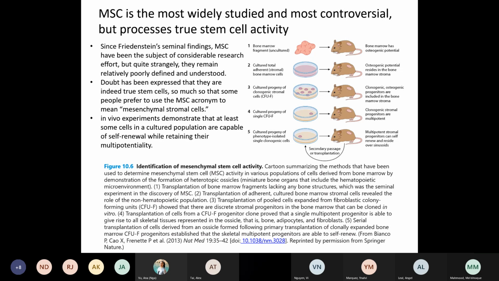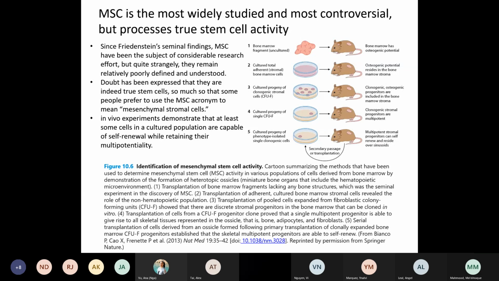But here, it is very easy. You can do a liposuction, rinse them off, and probably get some mesenchymal stem cells into culture in no time. And since those cells are clonogenic, you can amplify them. You can get a lot in a month.